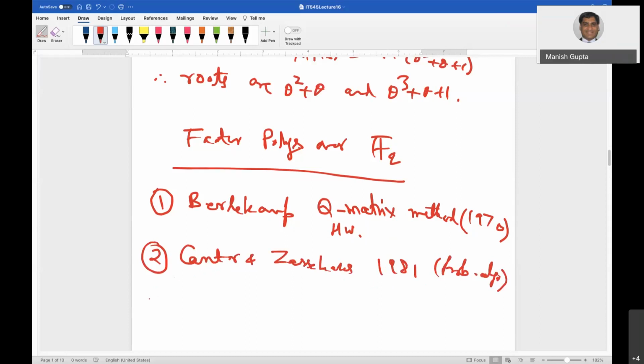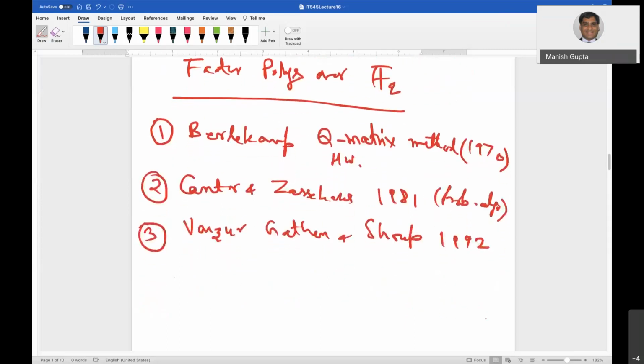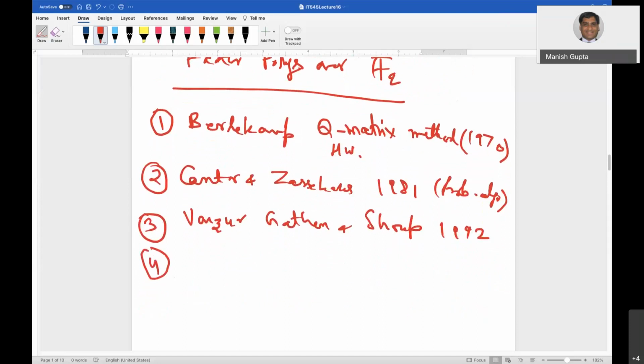We are going to describe it now. The third algorithm was given by von zur Gathen and Victor Shoup, who gave a variant in 1992. The fourth is a faster implementation given by Kaltofen and Victor Shoup again, in 1998, the latest algorithm for factoring polynomials over F_q.